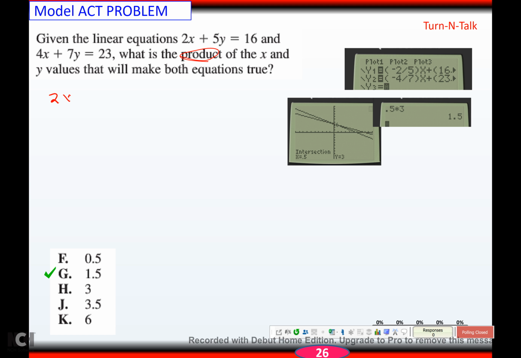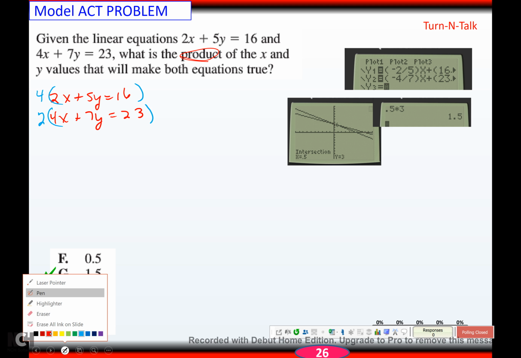So I'm going to line them up. 2x plus 5y equals 16. 4x plus 7y equals 23. I'm going to eliminate the x's. So I'm going to multiply by positive 4 on top, positive 2 on the bottom. But they came out the same, so I need to make them different.